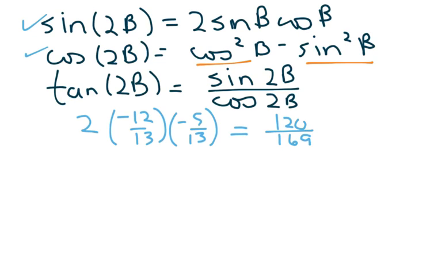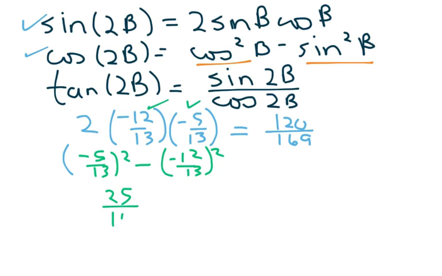And for cosine, I'm going to square this, which is negative 5 over 13 squared, minus negative 12 over 13 squared, and you get 25 over 169 minus 144 over 169.